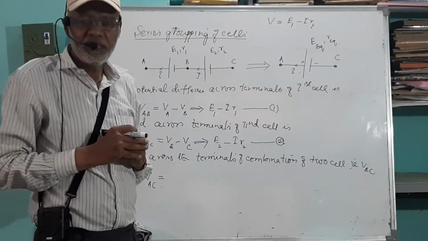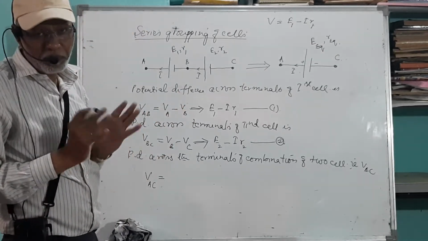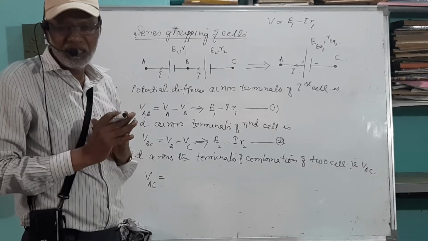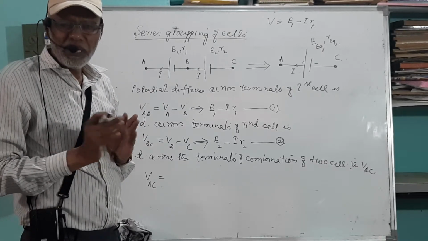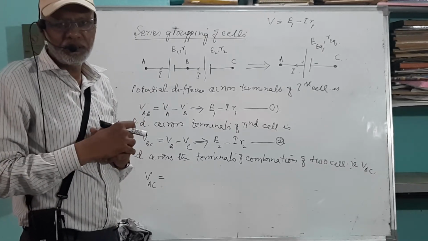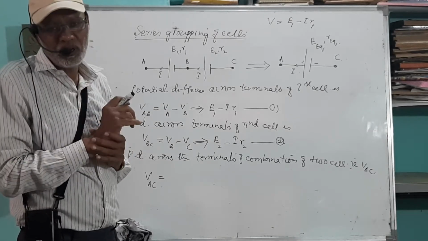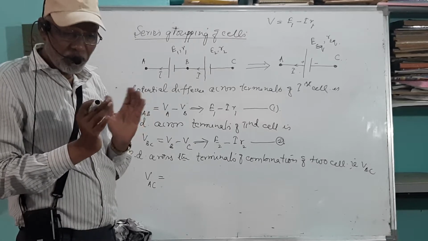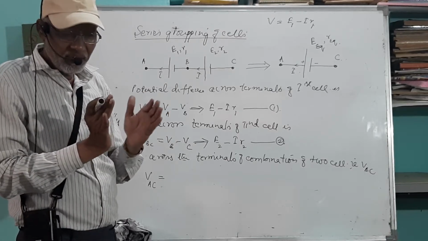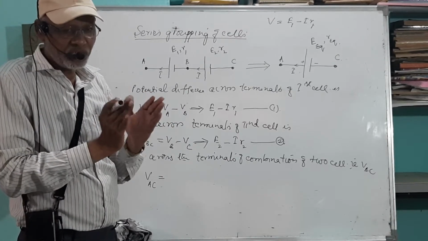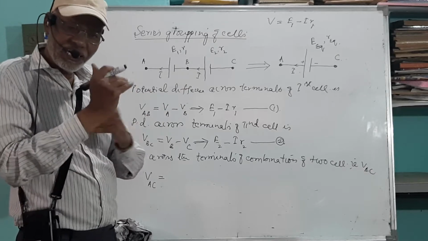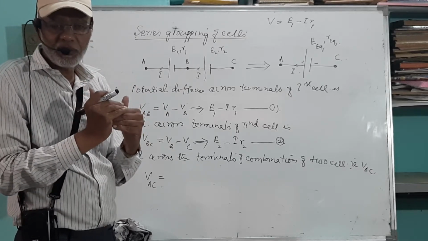As I said, the basic purpose behind the grouping of cells is to get the required amount of current by using a minimum number of cells. I mean, by changing the fashion of connections, you can increase or decrease the current in the circuit.